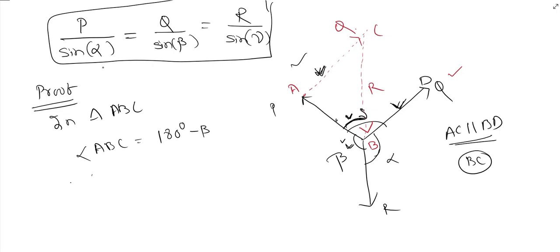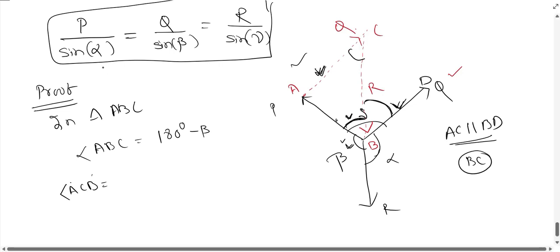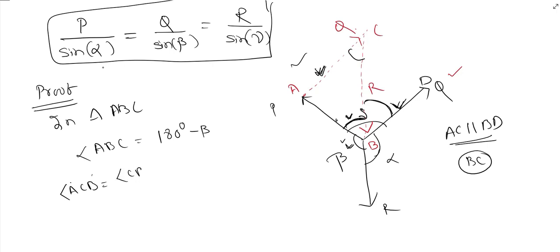Line BC is intersecting AC and BD. That means angle ACB and angle CBD are alternate angles, so angle ACB will be equal to angle CBD, because they are alternate angles.